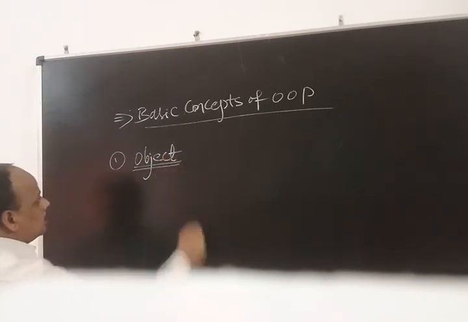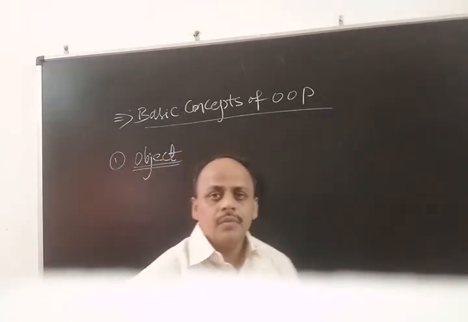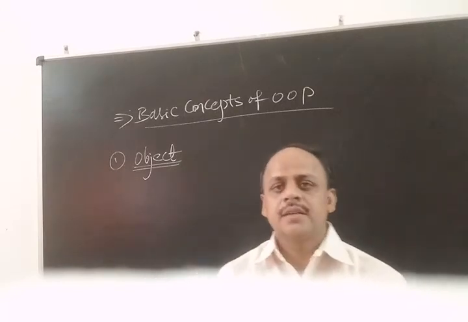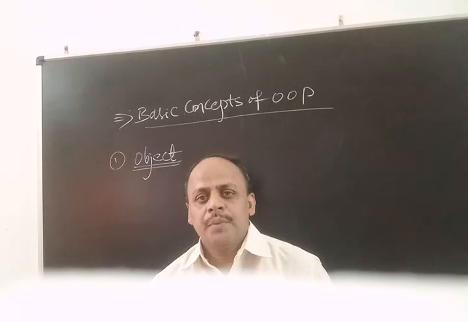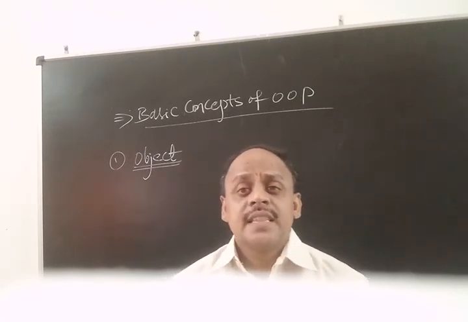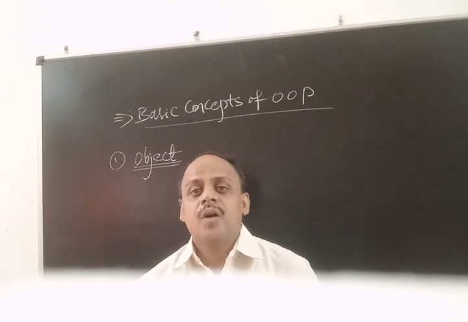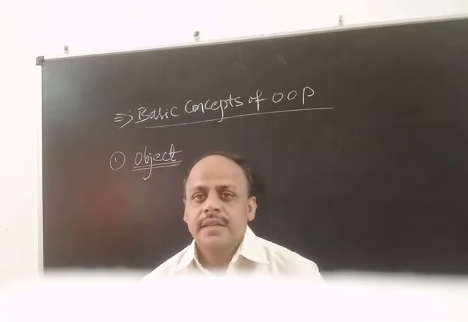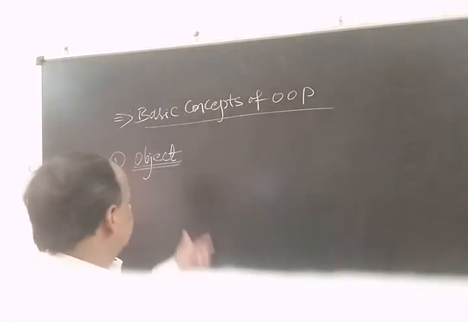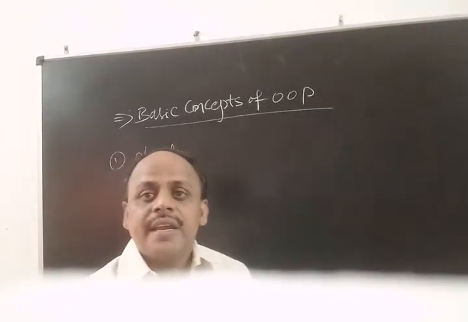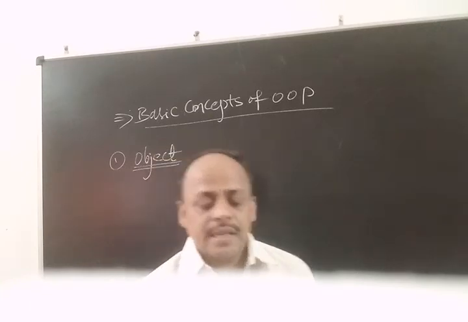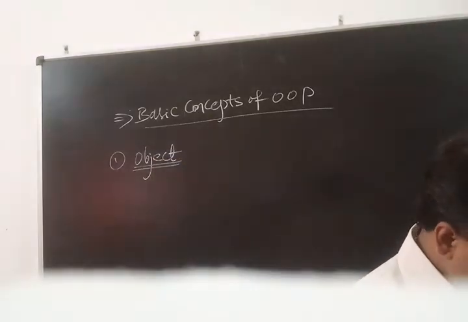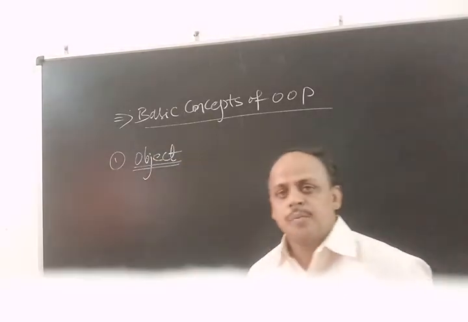Object. What is an object? It is one of the basic concepts of OOP, and we can say that an object is nothing but a variable of a class, right? So what is an object? A class variable is considered as an object.